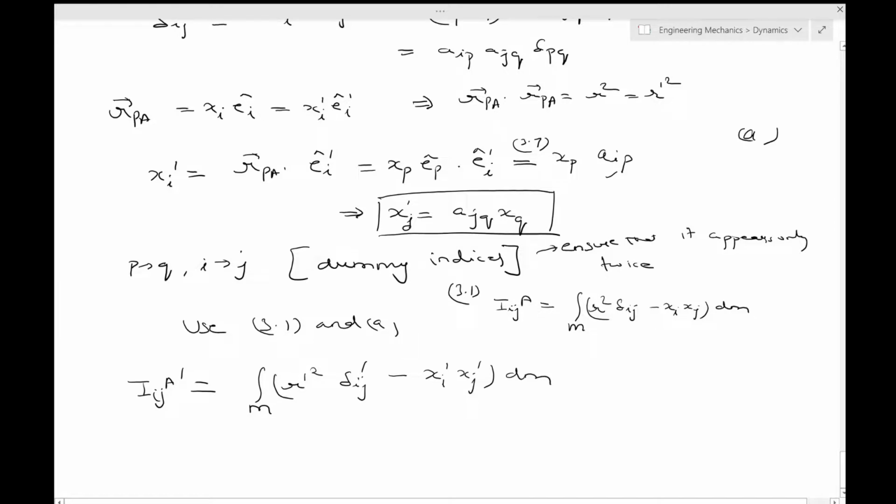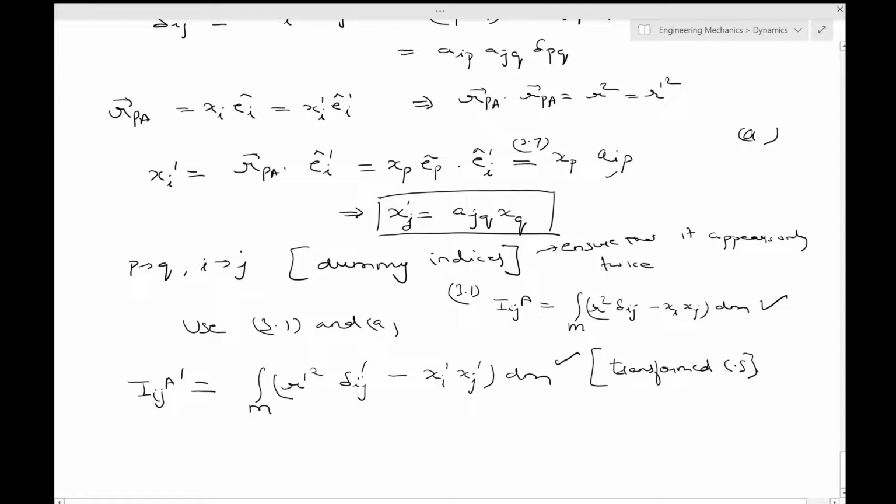So this is basically written in terms of the transformed coordinate system. The same definition is written over here. Now we will be seeing the relation between this and this.